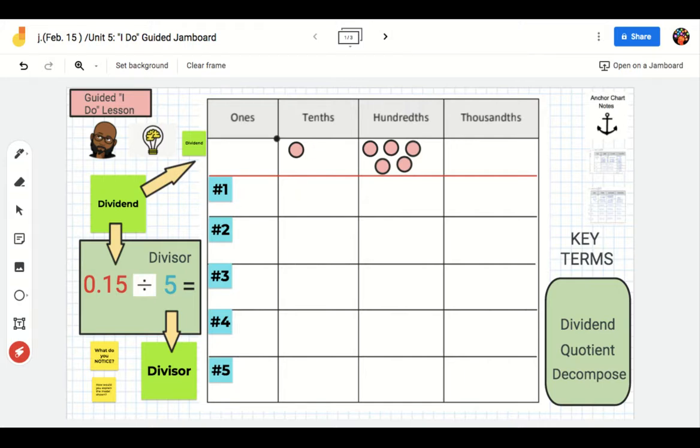On my place value chart, I have 5 rows: 1, 2, 3, 4, and 5. This is telling me how many groups need to have equal shares.